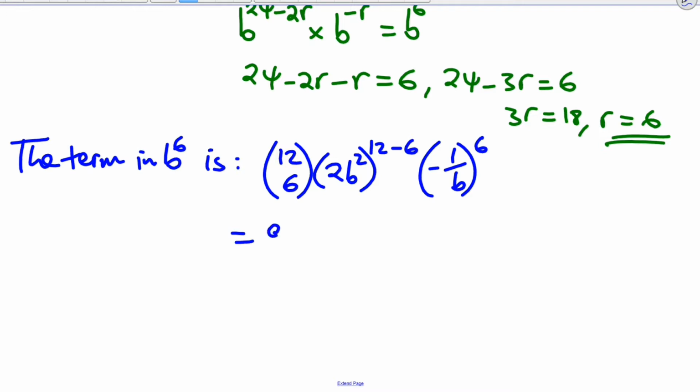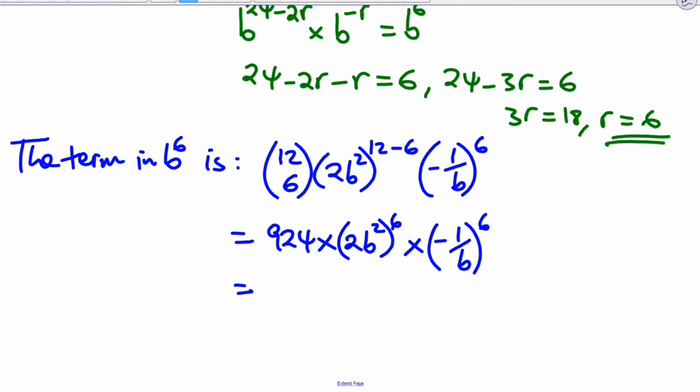So we'll have 924 multiplied by (2b squared) to power 6 multiplied by (negative 1 over b) to power 6. If we simplify that, we'll get 924 multiplied by 64 multiplied by b to power 12 multiplied by 1 over b to power 6.